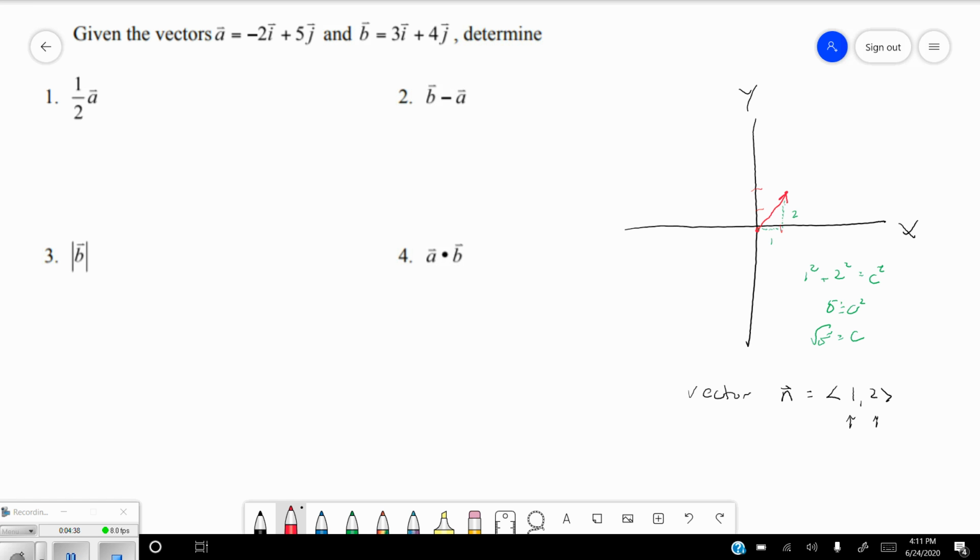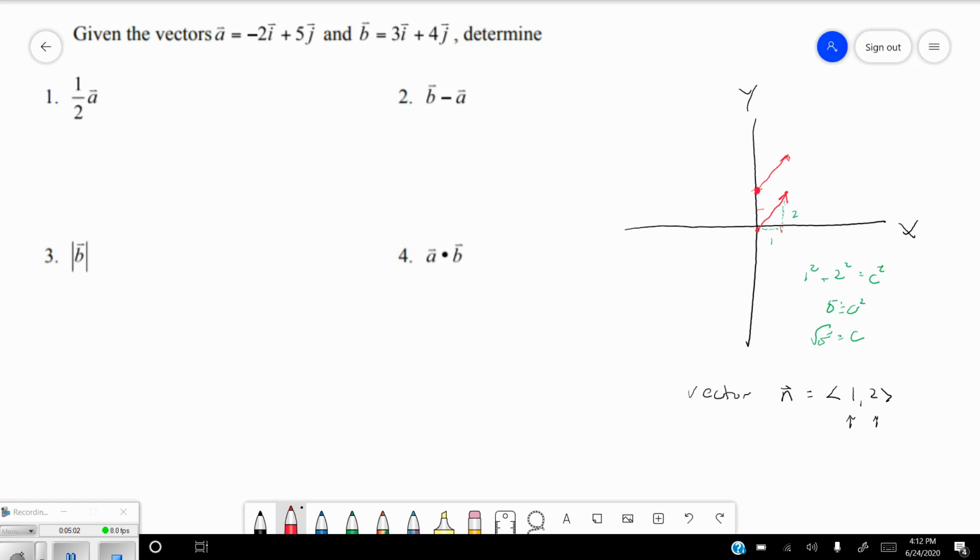The only thing that has to be true is it has to maintain its direction and the same length, or magnitude. So I could technically start right up here at the point (0, 2). As long as I go 1 unit to the right and 2 units up, that's the same vector. It's still the vector <1, 2>. It does not have to start at the origin.